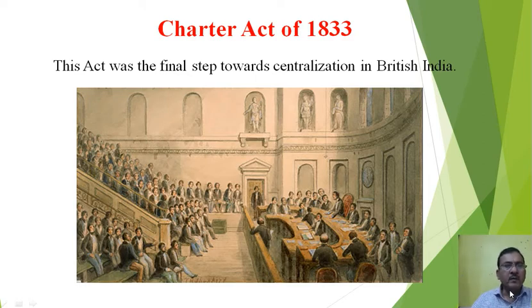However, in order to control the reins of the British East India Company, another important Charter Act of 1833 was passed by the British Parliament with the intention to take the entire administration of the East India Company under the command and the control of the British government.